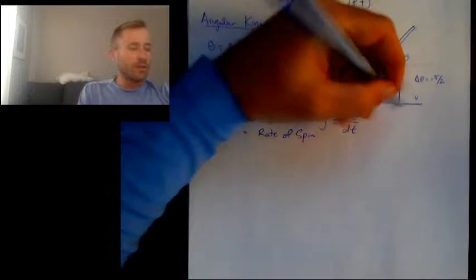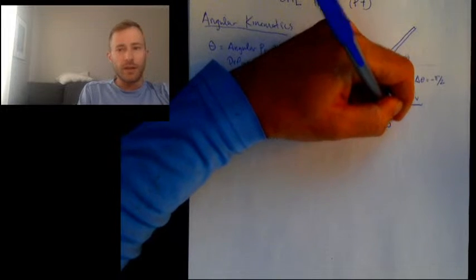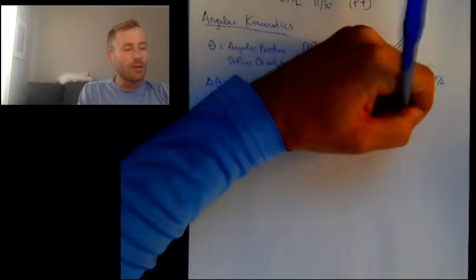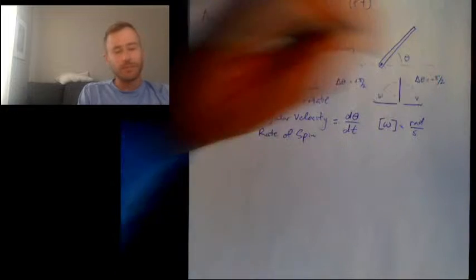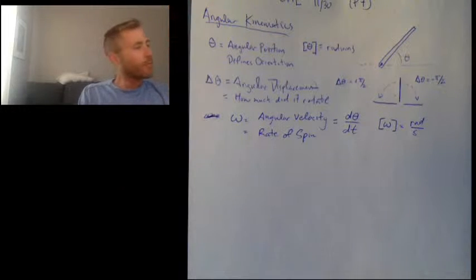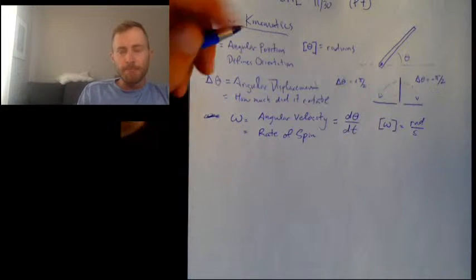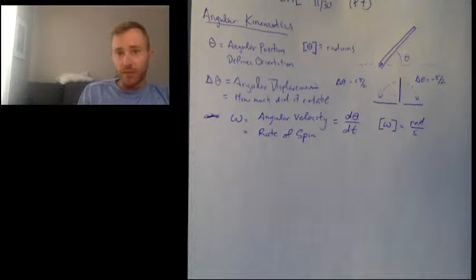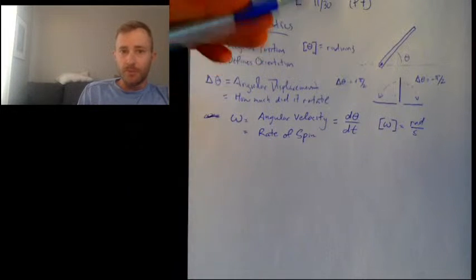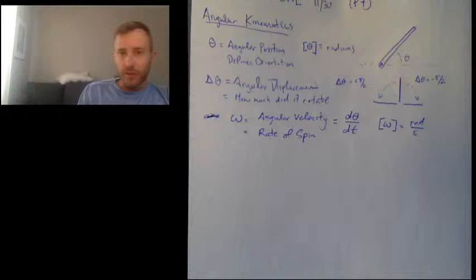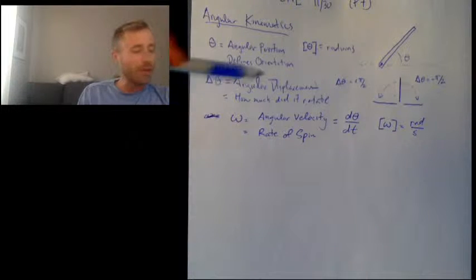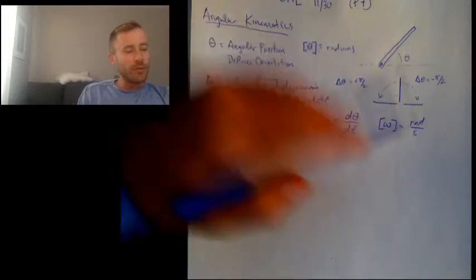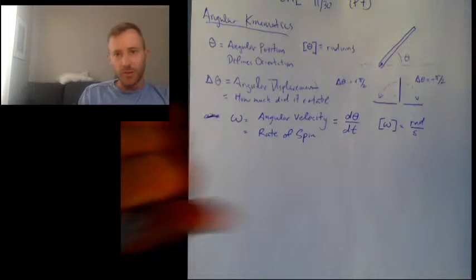The units of angular velocity are radians per second. Other valid units of angular velocity are degrees per second, or rotations per second, or rotations per minute. RPM is a unit of angular velocity. But for the purposes of this lesson, we're going to use radians per second.